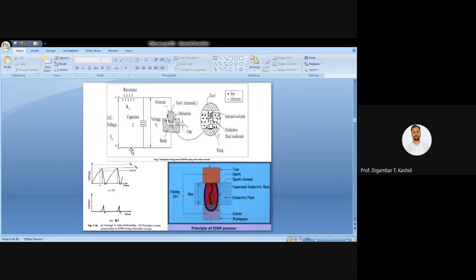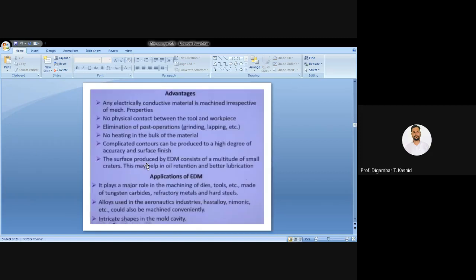Now let's go for the next one. Yesterday I was discussing this, and we saw that the spark will occur when your applied voltage is greater than your breakdown voltage. Now in this slide I have mentioned some advantages. You can see the first advantage.